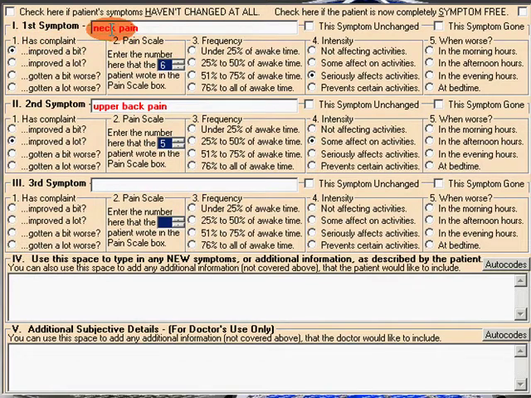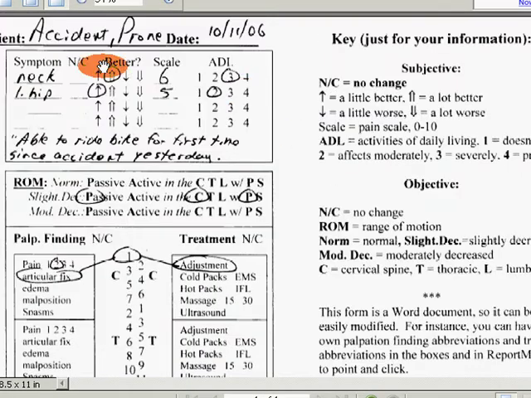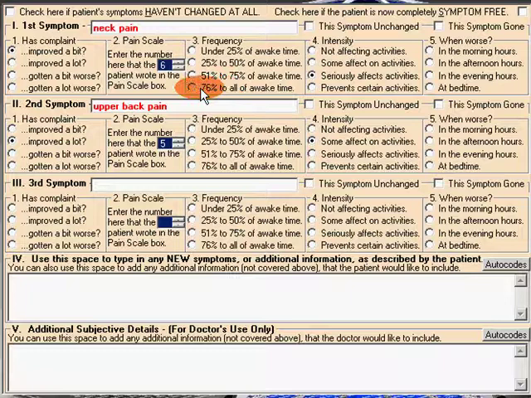Well, here you have a screen that has the same input. In this case, his neck. Let's go back to that form real quick. What we had here on the form, his neck had improved a lot, a 6 on the pain scale, and having a severe effect on activities. So let's go back to here. His neck improved a bit, 6 on the pain scale. Now this, it's already on here, but I could very easily change it. Severe effect on activities. So we actually happen to have the same thing checked here that's on the form already.